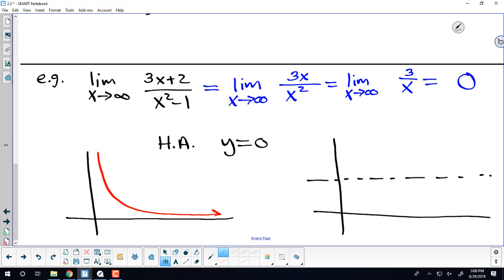There were functions that crossed the horizontal asymptote, maybe even more than once. So how do we make sense of that? Like, why did that happen? If we say the limit as x approaches infinity of this function is 0, the y values are getting closer and closer to 0, then how come it crossed the horizontal asymptote?